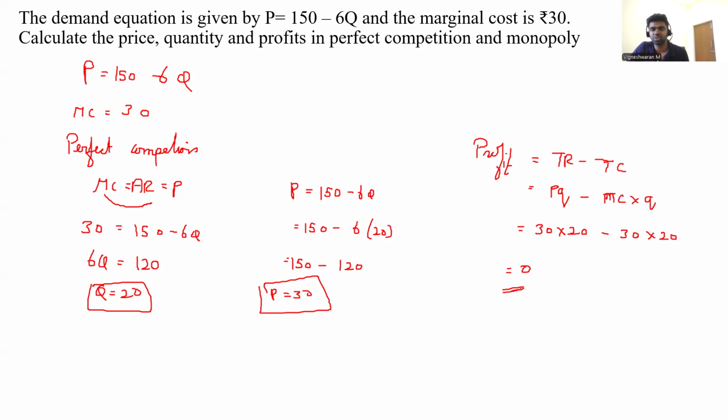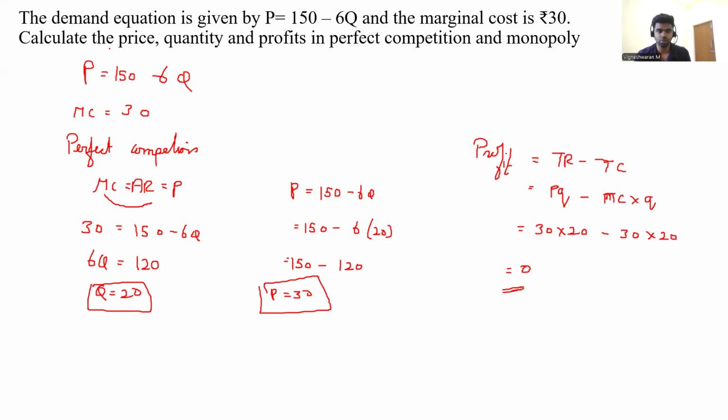Then for the same question, we have to find it in monopoly. So price is equal to 150 minus 6Q, marginal cost is equal to 30. For monopoly, MC is equal to MR. Okay, MR is equal to what?